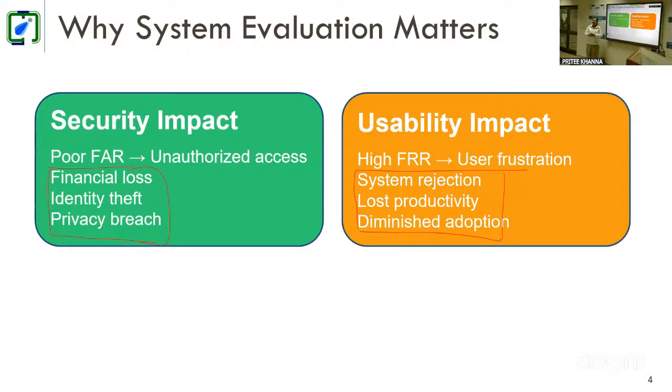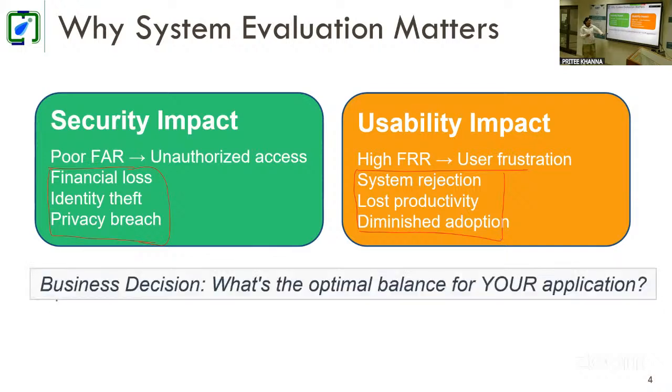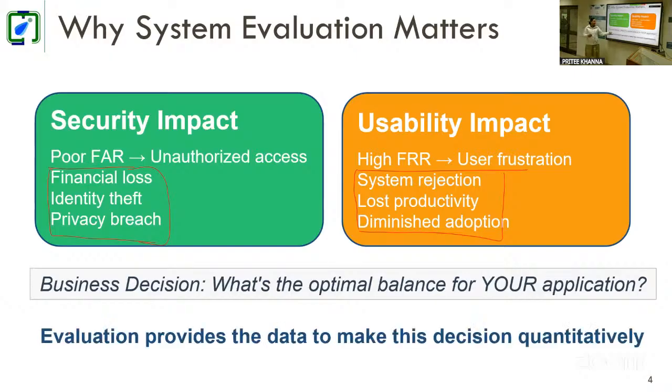We want security, but not at the cost of user satisfaction. So what decision do we have to take? What is the optimal balance for the application you are working on? Evaluation provides the data to make this decision. We are talking about the threshold for matching, so what should our threshold be?